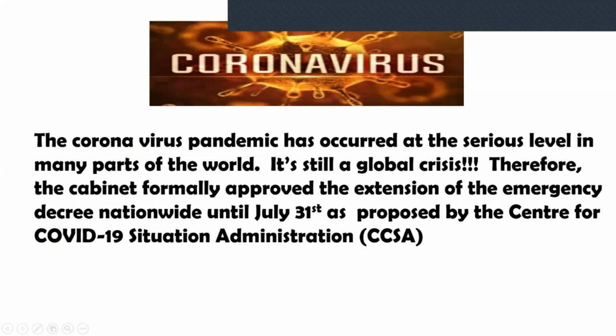It's still a global crisis, as you see in the statistics. Therefore, the cabinet formally approved the extension of the emergency decree nationwide until July 31st, as proposed by the Center for COVID-19 Situation Administration in Thailand.